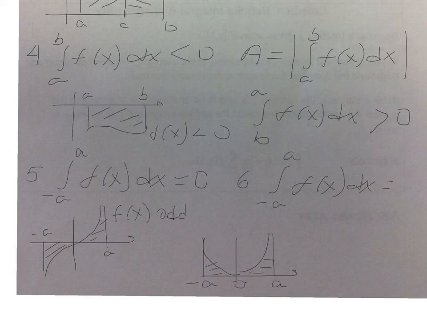Here's the 0 in the middle. So in this case, f of x is even. Do you agree that this integral could be written as 2 times the integral from 0 to a of f of x dx?